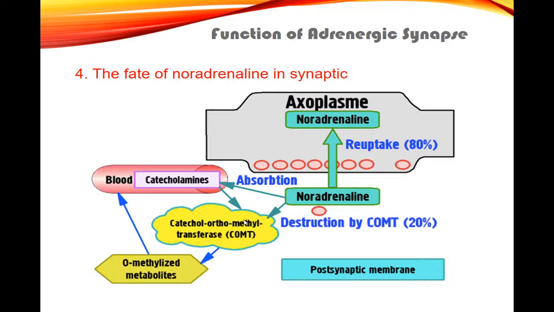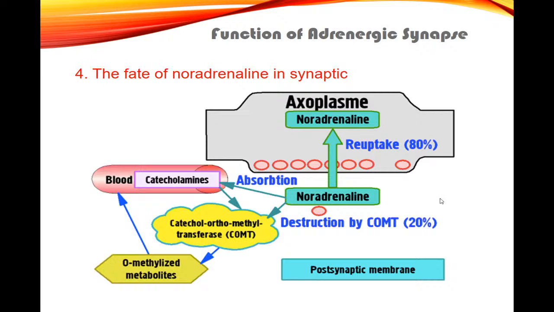But only 20% of released noradrenaline is metabolized, and 80% is reabsorbed, or reuptaken, and passes to vesicles to increase the stable portion of noradrenaline.